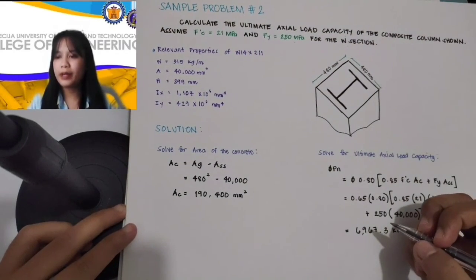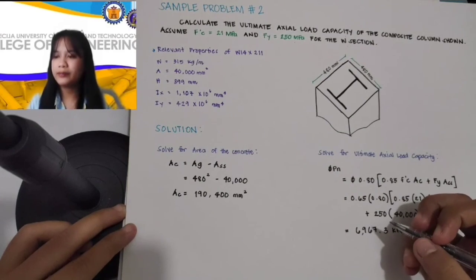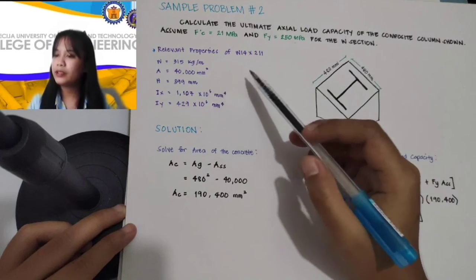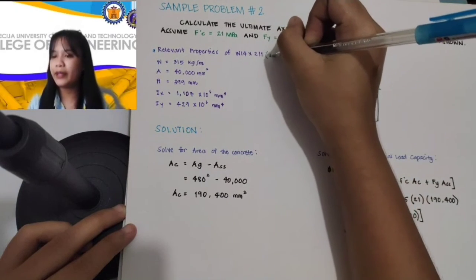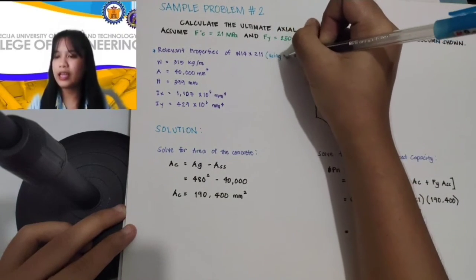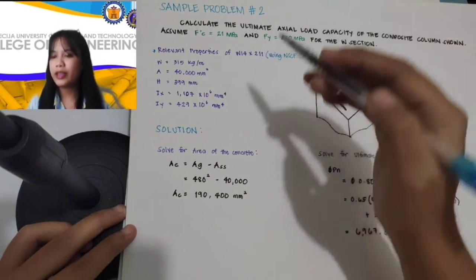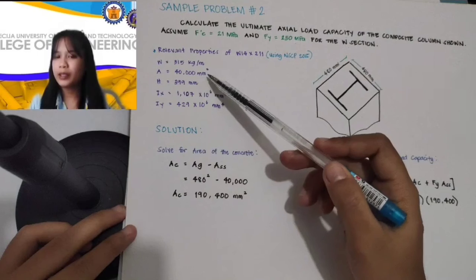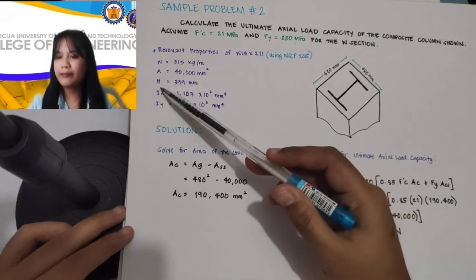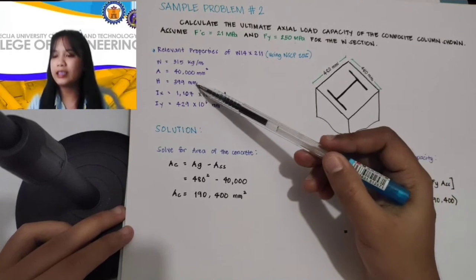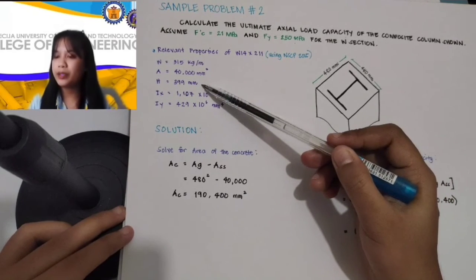The relevant properties of wide flange steel W12 by 211: the weight is 315 kg per meter, the area is 40,000 millimeters squared, and the depth or the height is 399 millimeter.